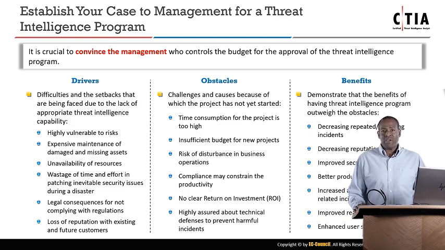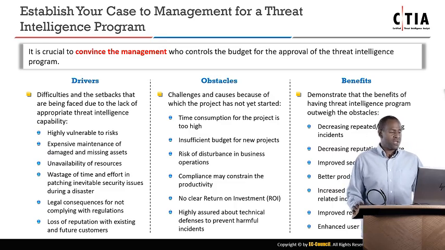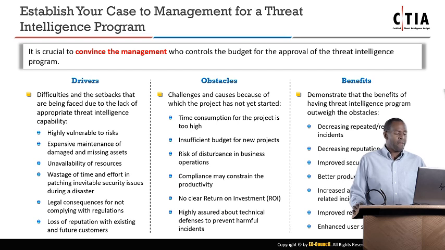So if there is a damaged asset and it's not available, whether it be a server, a service, a router that has to be taken out of service, perhaps you've had to purchase new equipment, new storage, perhaps you've had to work with your cloud provider to restore whole swaths of data. Whatever it is, we have expensive maintenance when we don't have a good threat intelligence program.